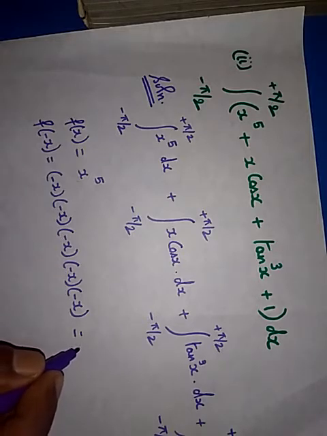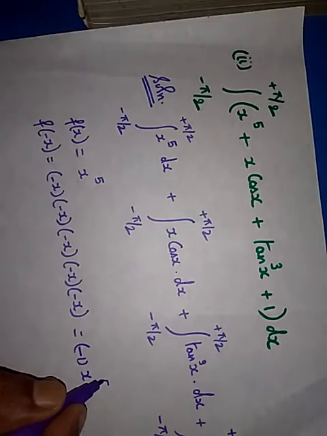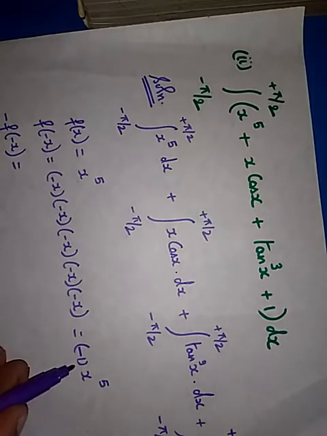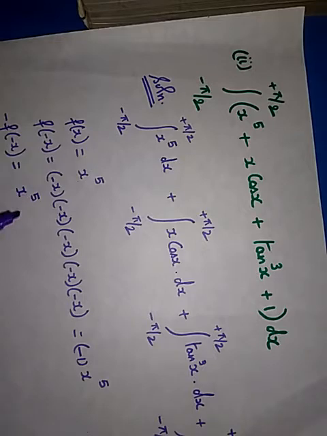So totally it is minus 1 into x power 5. So next step will be minus f of minus x. I have multiplied by minus, so the right hand side has to be multiplied by minus 1. Therefore you will get x power 5.